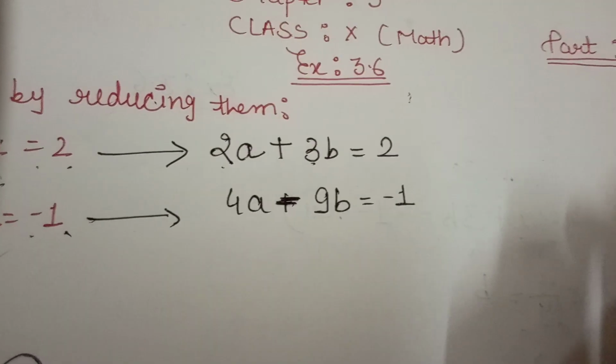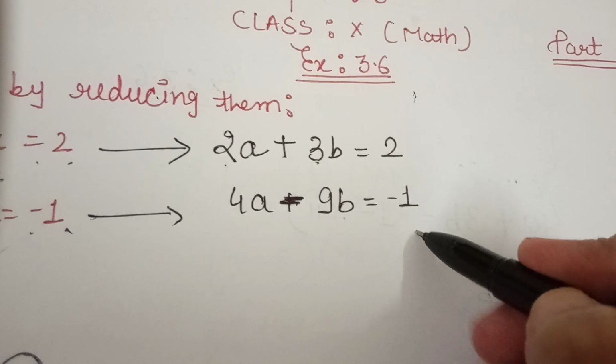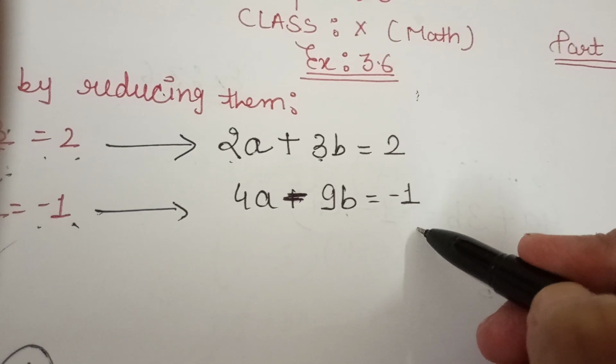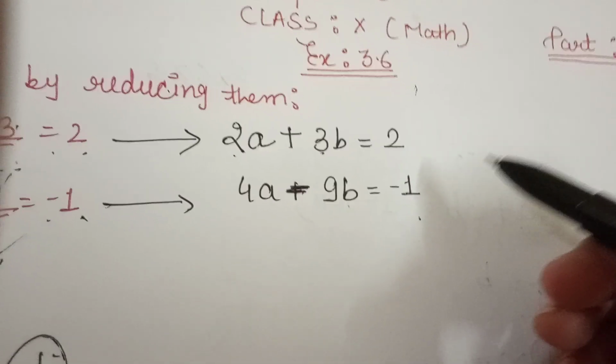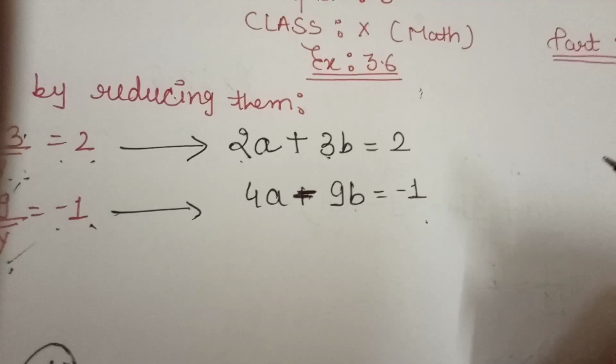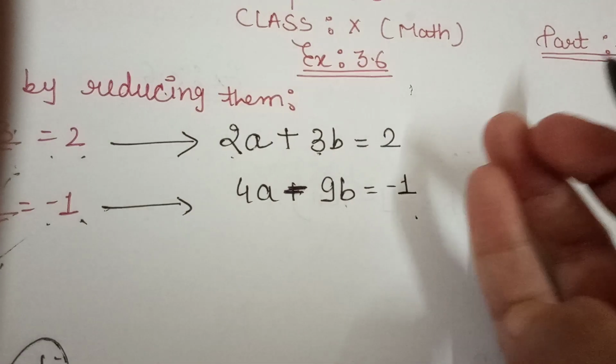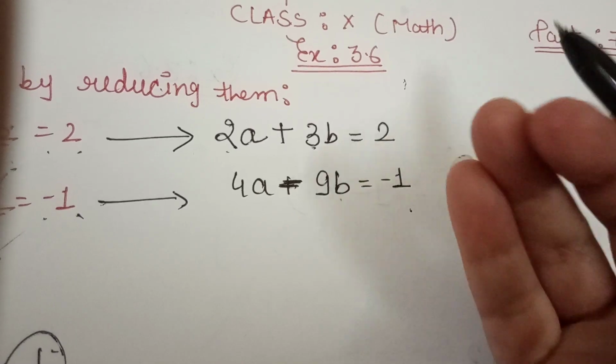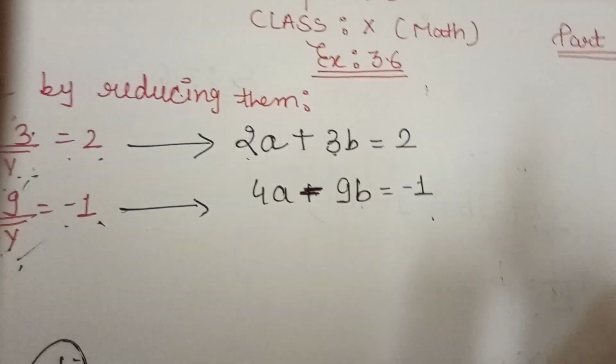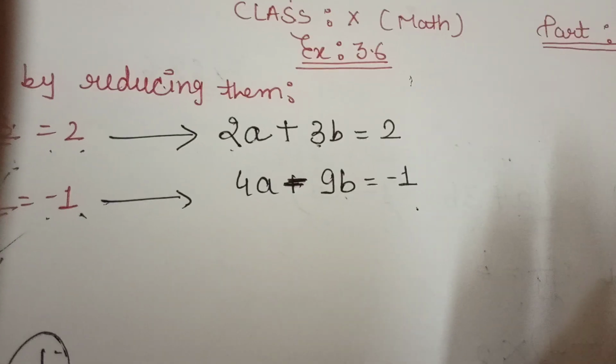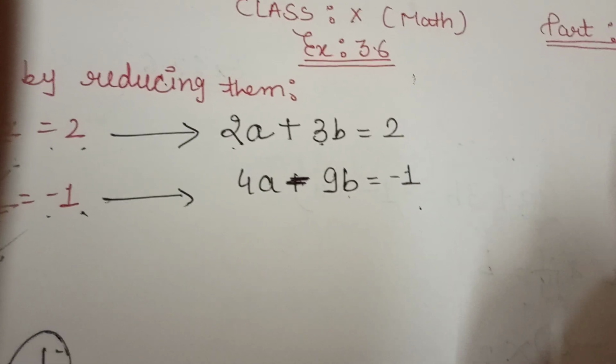So first we will solve these two equations to find the solutions for a and b. And how to solve? You have done three methods: substitution, elimination, and cross multiplication. Use whichever method is easier for you, because it is not written in the question which method you have to use.